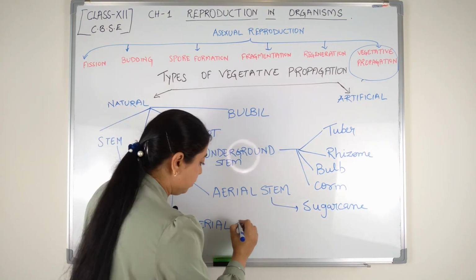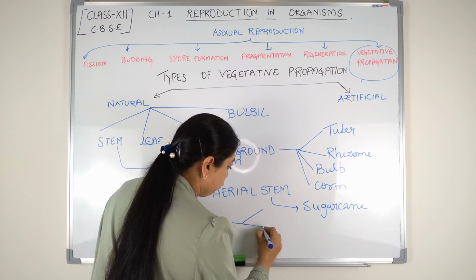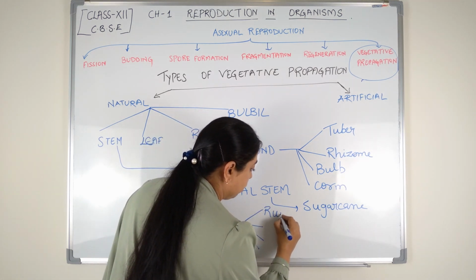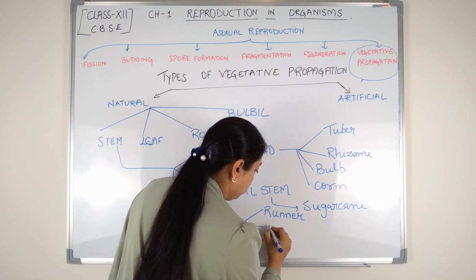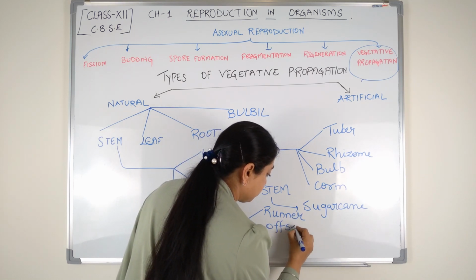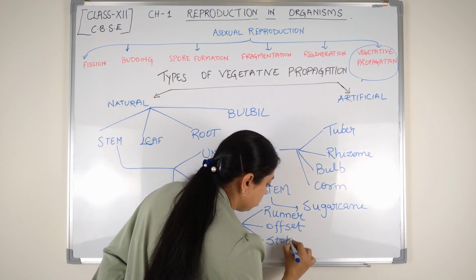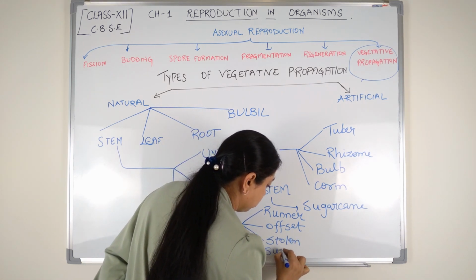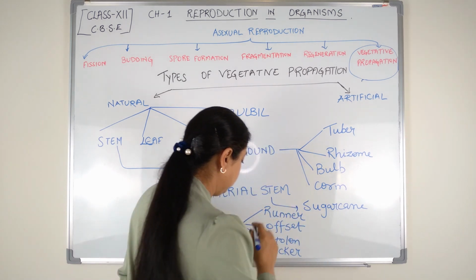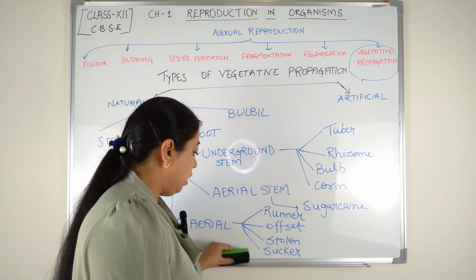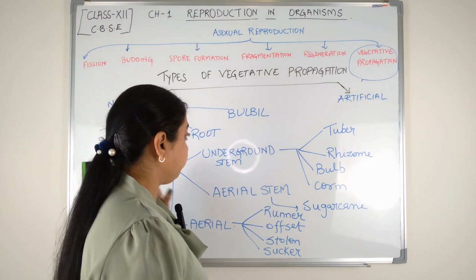Under subaerial stem again we have 4 examples. We will talk about runner, offset, stolon and sucker, right? Under subaerial we have runner, offset, stolon and sucker.